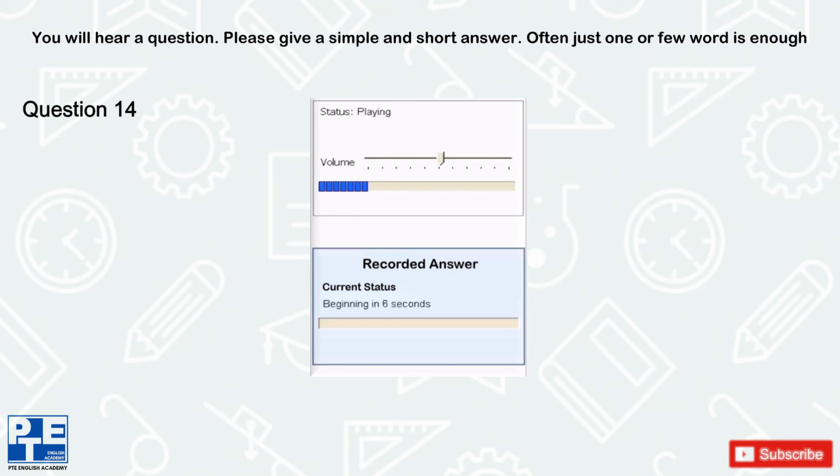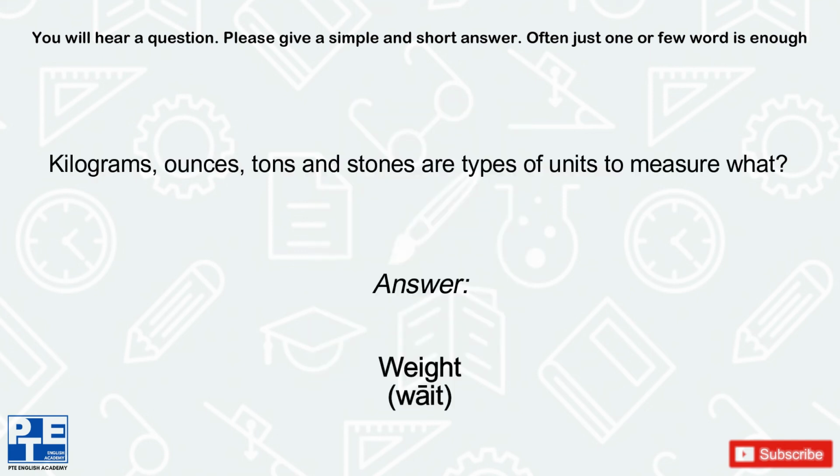Kilograms, ounces, tons and stones are types of units to measure what? Answer: weight.